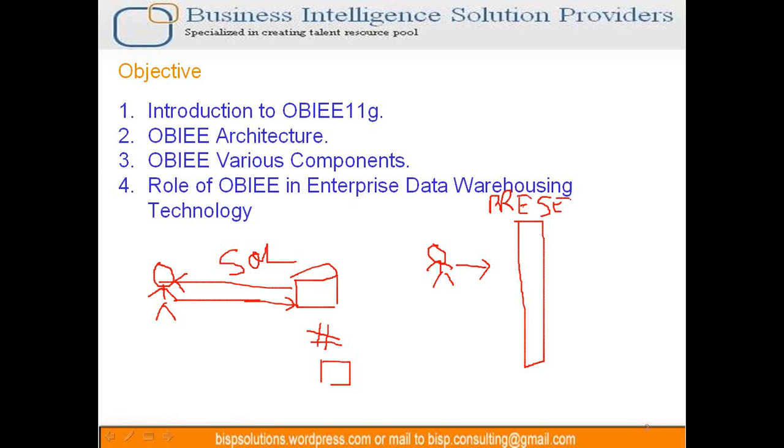This presentation layer, as the name indicates, receives the user request and converts it into database language. Presentation layer is a set of services, in simple language. It receives the request and passes it to the underlying database. The underlying database understands this and responds back, and the presentation layer in turn reorganizes it in a meaningful way.